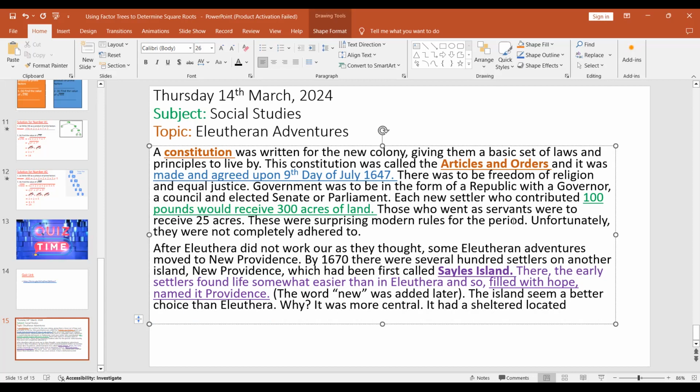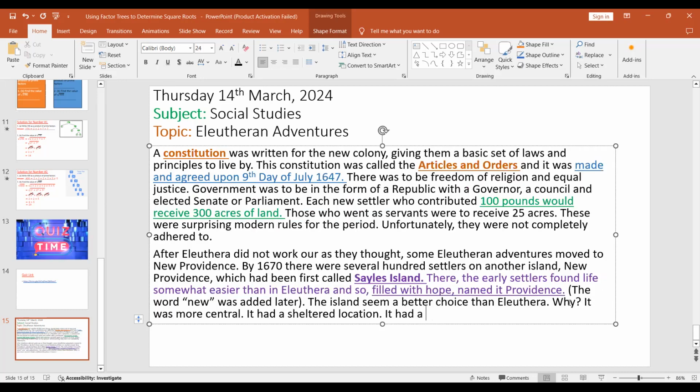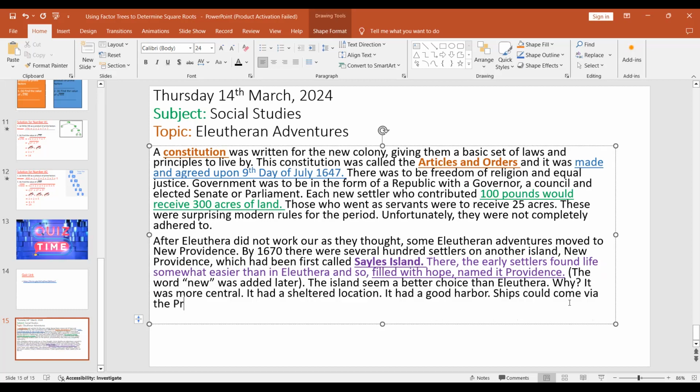It had a good harbor. Ships could come via the Providence Channel.